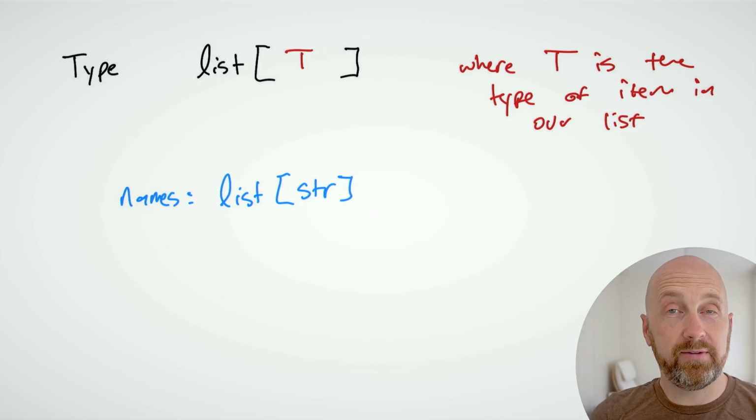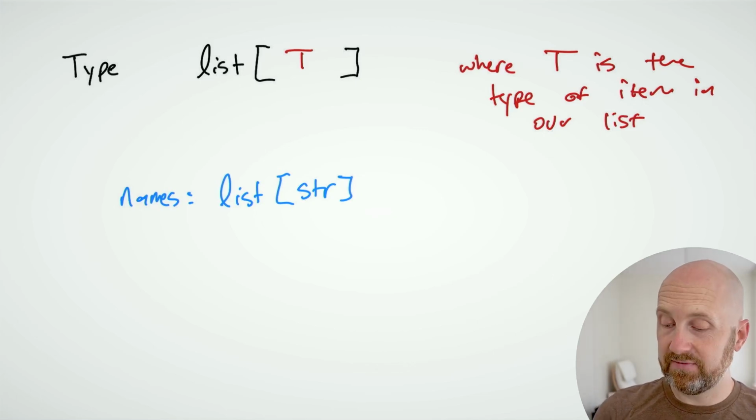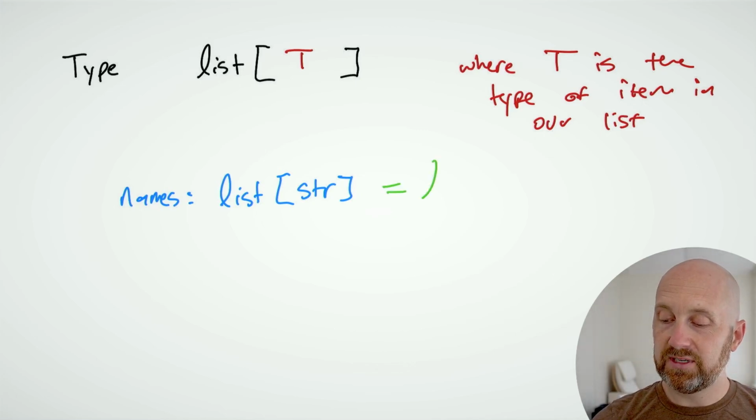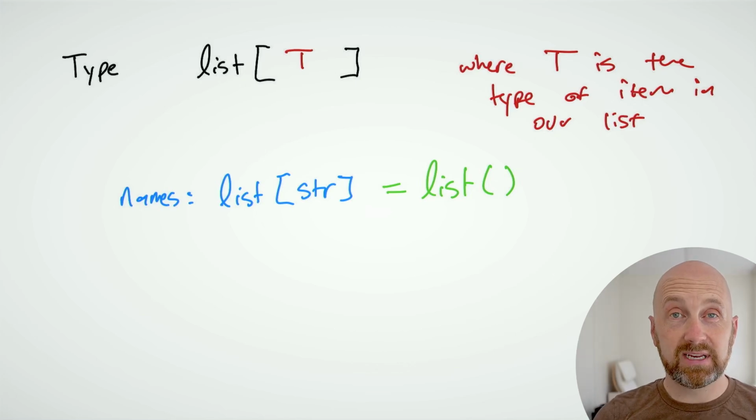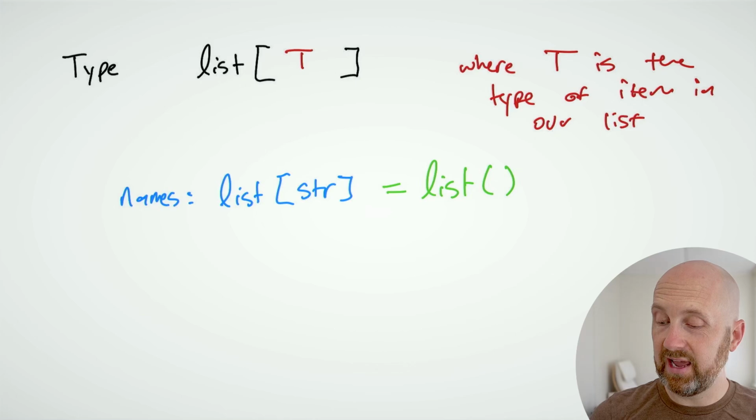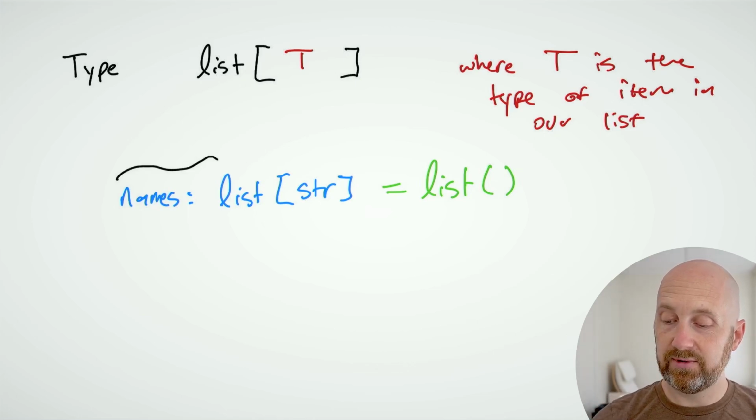Well, how do we actually use this type and initialize it? Well, let's say we wanted to initially have an empty list of names. In order to do that, we've got a couple of options. One is the list constructor, and we call what looks like a list function, but this is a constructor of the list data type, and this will construct an empty list. So this is how we would declare a variable.